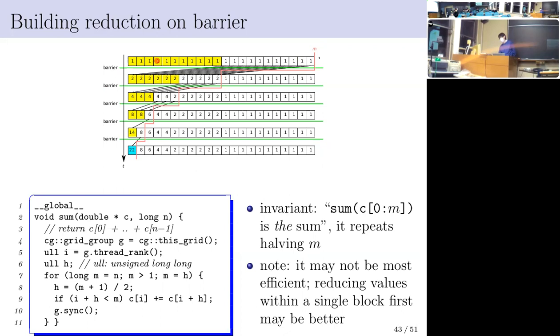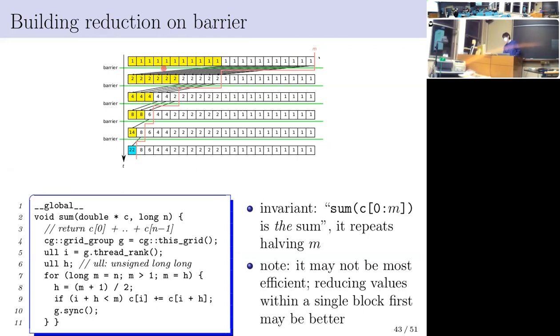And before the first barrier, what you do is, okay, so this thread takes this element and takes the summation of the two and puts the summation into its own element. And similarly, this guy takes the sum of its own element and this element, and puts the result into its own element. Right?